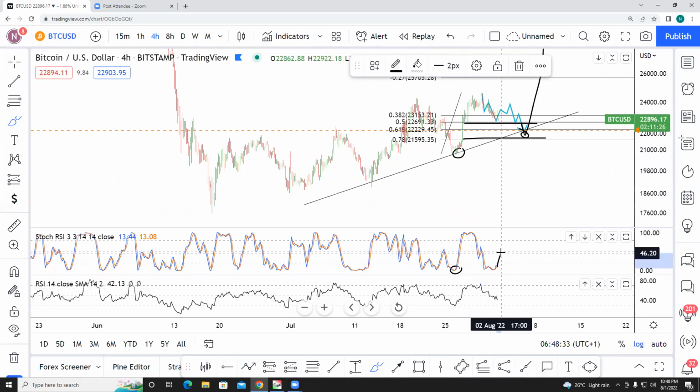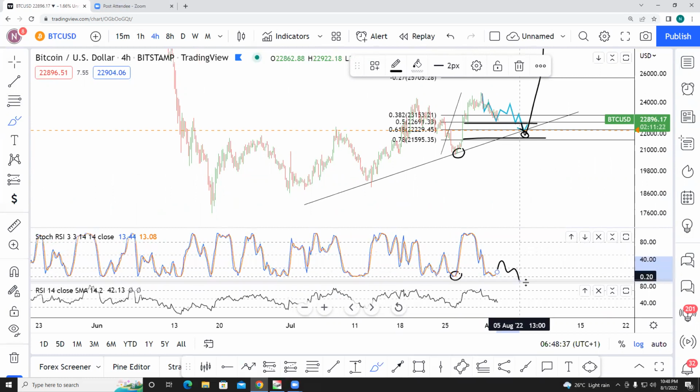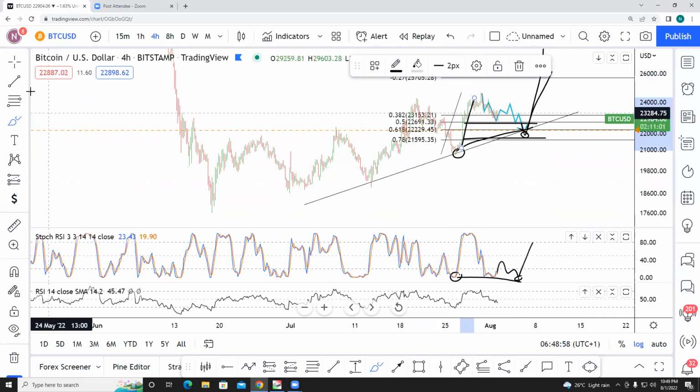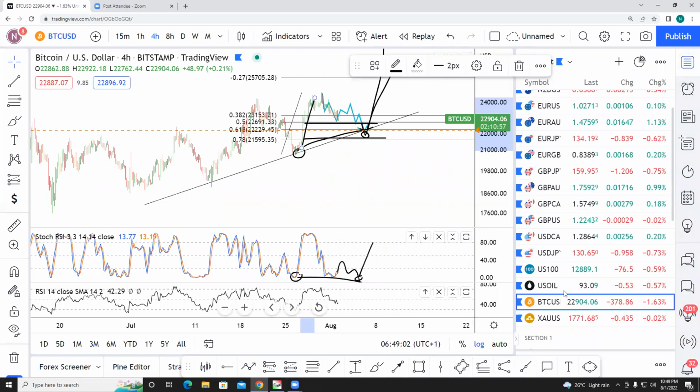You want to see whether the indicator makes a lower low here while you are making a higher low here. If it does and you start buying here, you have to buy, because this is a confirmation that the push you are going to get here is going to be higher than the push you got here. So that's it for BTC. Expect a buy to the upside.